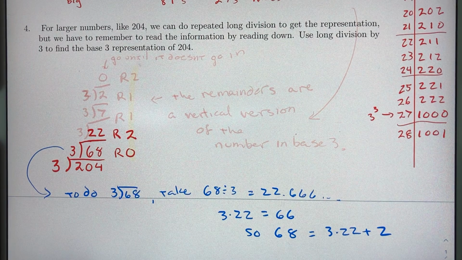Okay, so back to doing this. What is 3 into 22? Well, it's 7 with a remainder of 1. 3 into 7 is 2 with a remainder of 1. And 3 into 2 is 0 with a remainder of 2. So what you do is you go until you hit 0.